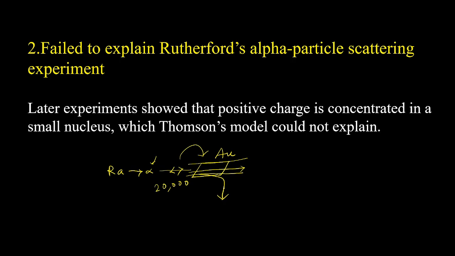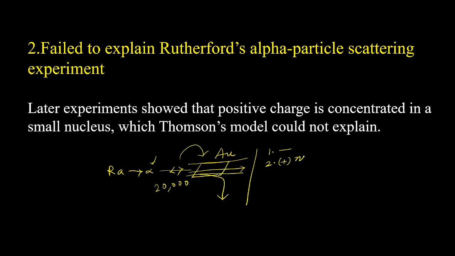From this alpha particle scattering experiment, Rutherford decided to give some postulates. Among the different postulates, he explained that the maximum part of an atom is hollow. The whole positive charge of an atom is placed inside a portion of the atom that is called the nucleus.